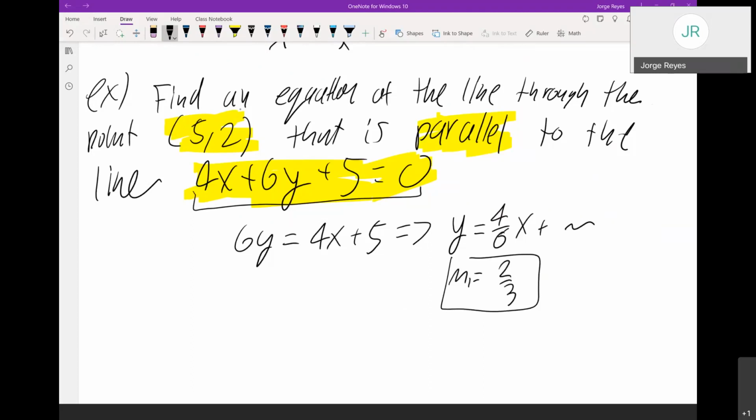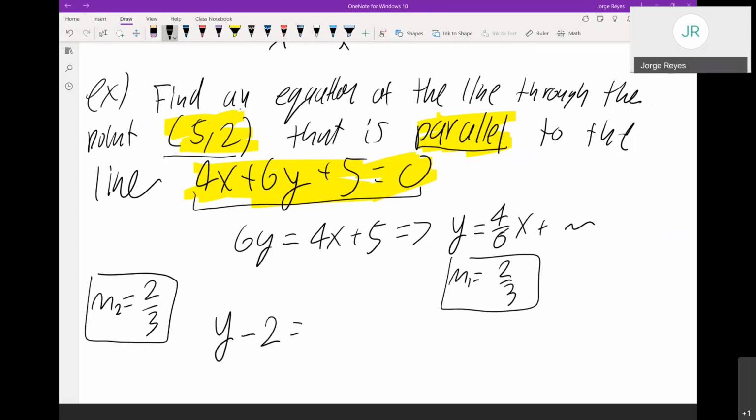So if that's m1, then for m2, we have to first check: do we want a parallel line or a perpendicular line? Here we want parallel, so our m2 is going to be the same thing, 2/3. And then we have a slope and a point, so point-slope form.